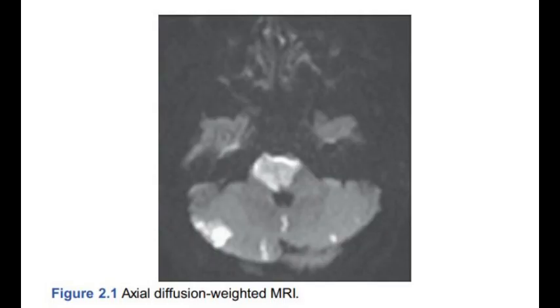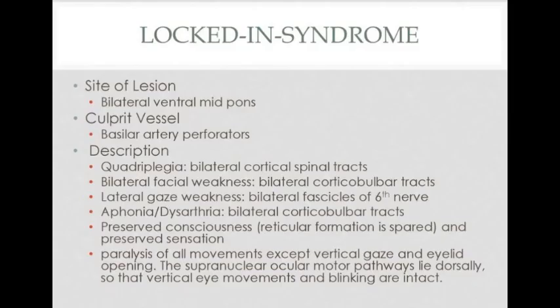This patient is most likely going to have locked-in syndrome, and it's a constellation of symptoms. One classical thing about locked-in syndrome is that the patients are usually quadriplegic and they have an impairment in their horizontal gaze. And why would they have impairment in their horizontal gaze?